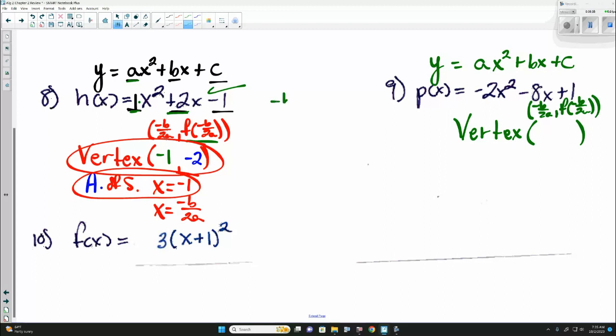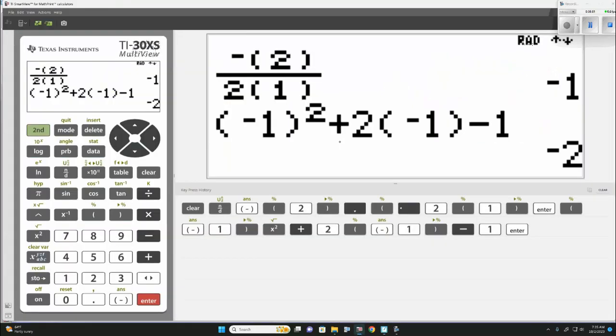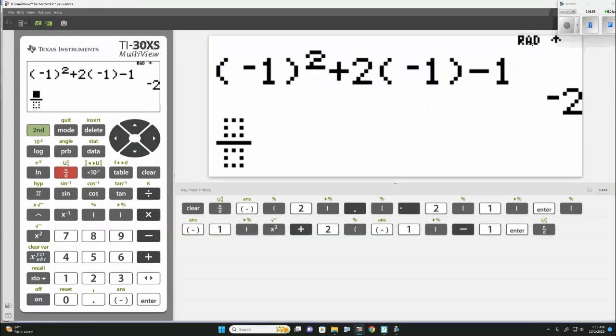So again, we need to evaluate -b over 2a. Our b value in this case would be -8. And our a value in this case is -2. Now if you wanted to type it in instead of -8 as just 8, that's fine.